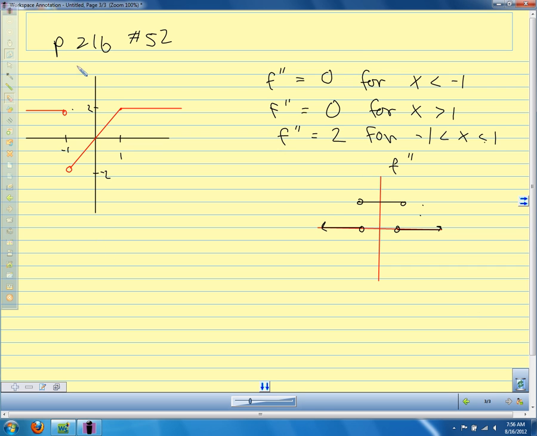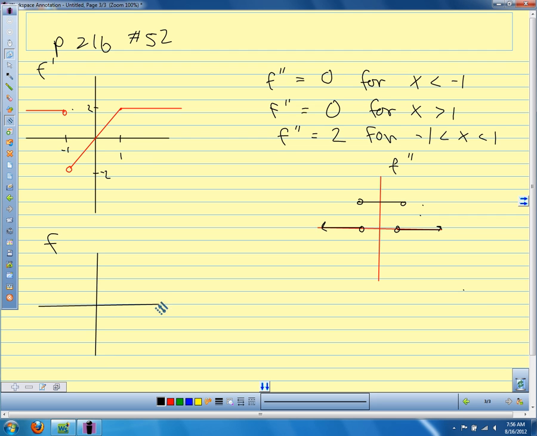Now this is f prime. How about the function? We want to do a graph of the function. How are we going to do that? We're replacing it: where the derivative is constant, we have a slope line.